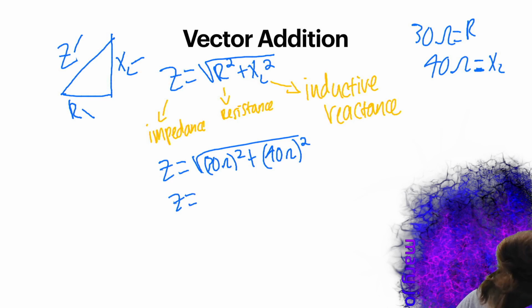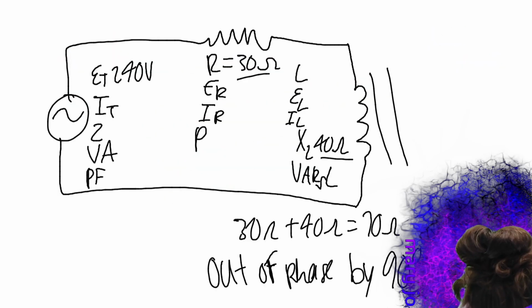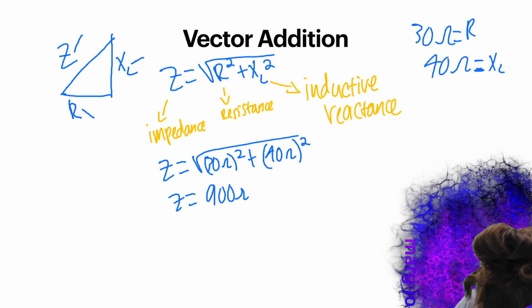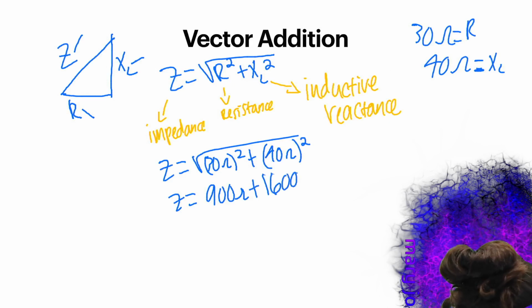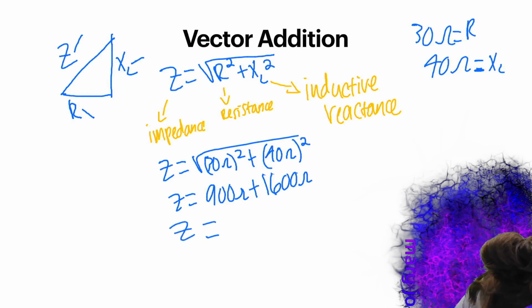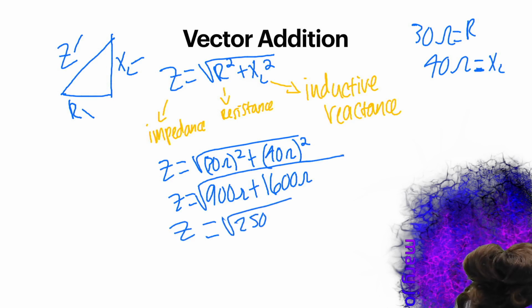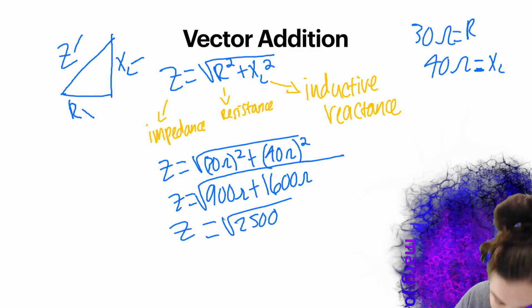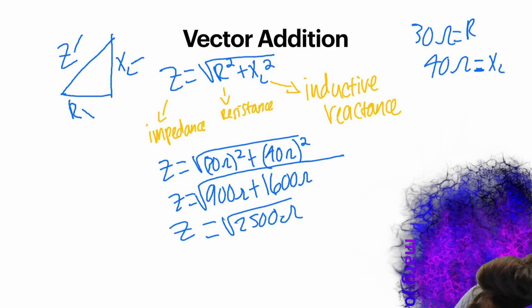And 30 squared is 900 ohms. 900 ohms plus 1600 ohms. So you're going to come out to have 2500, because 900 plus 1600 is 2500 ohms.